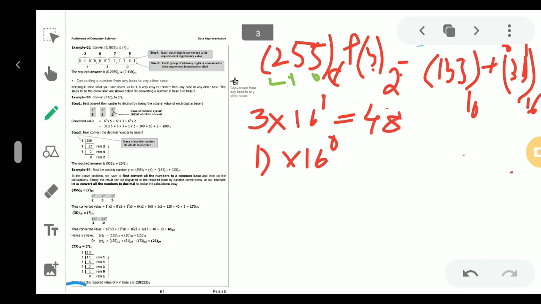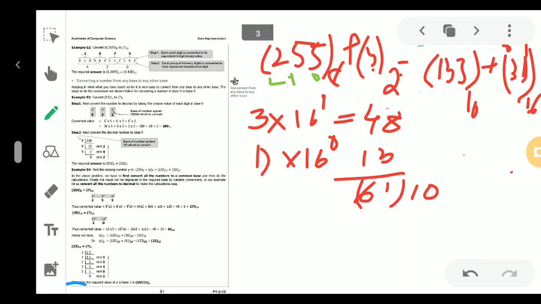Okay, d means what? D means 13. 13 into 16 to the power 0, and 16 to the power 0 means 1, so 1 into d means only 13. Okay, so if you add these two, the answer we are getting is 61 base 10.